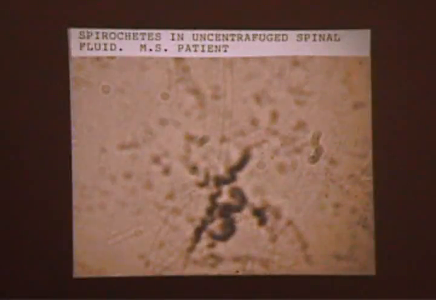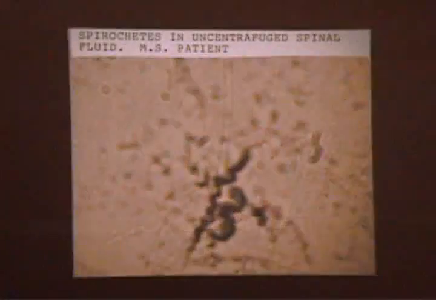It's the best culture medium. What could be more simple? And it'll even go in the refrigerator sometimes, but it's better to put it at 35 degrees. So you don't have to say, oh, I couldn't make up that fuzzy medium. All you need to do is take 1 ml of it and incubate it and see what grows.